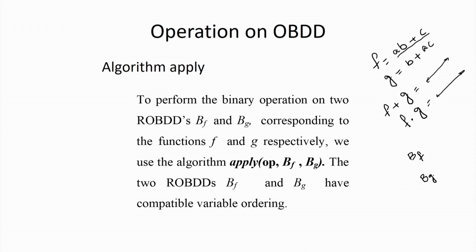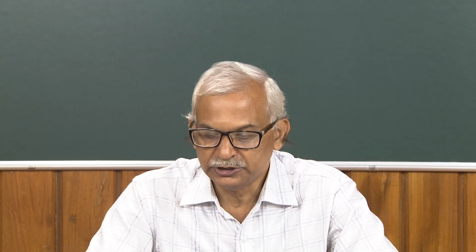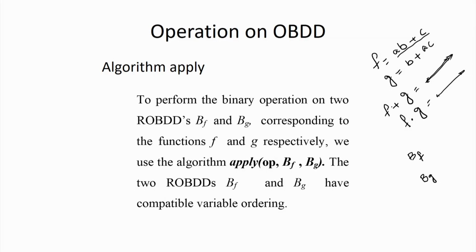Now, can you perform this operation directly on the BDDs? One way is to perform the operation, get the Boolean expression, then represent that Boolean expression with the help of a BDD. This is one approach, but if we already have the BDD construction, can we use those BDDs to get this particular function f plus g?